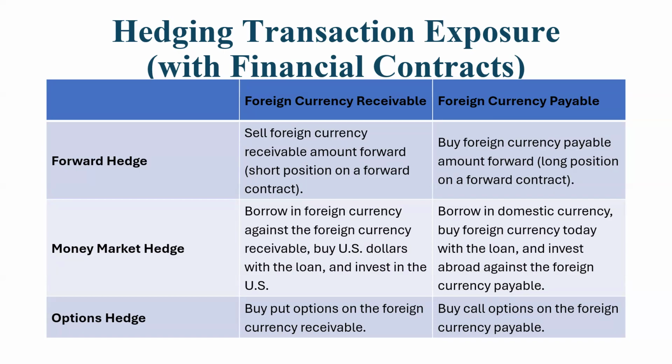And for a foreign currency payable, a call option can be used to hedge the exposure. Note that the call option gives the right, but not obligation, to buy foreign currency at a specified price in the future that will be used to settle the foreign currency payable.